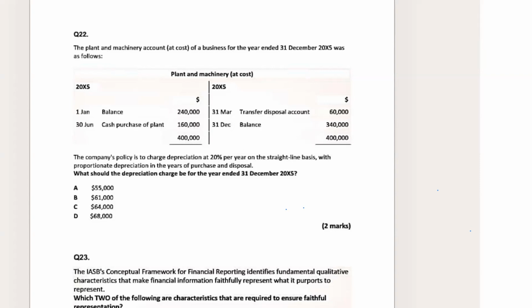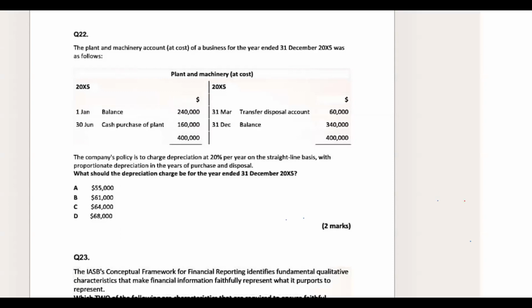Hello? Yes, sir. So we're going to calculate, from what I understand, using the straight line basis, 20% to that amount, which is the balance, because that will be the balance on the 31st December, which is 340,000.